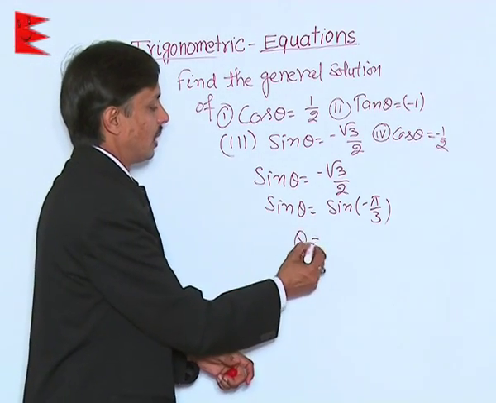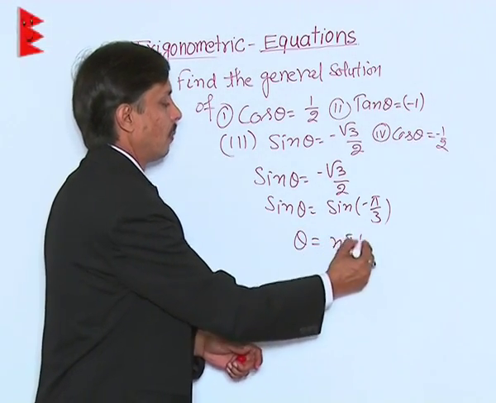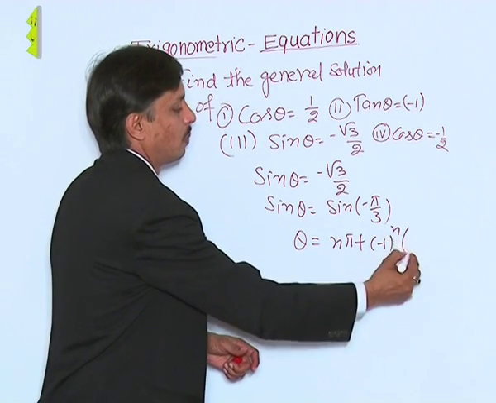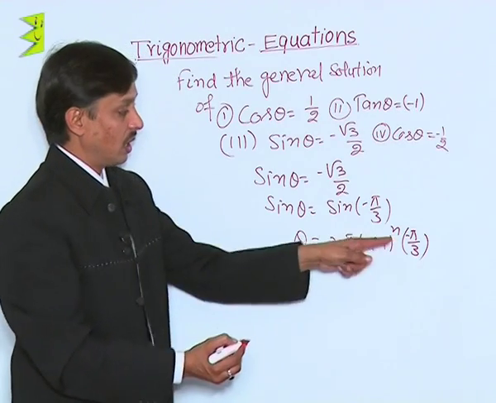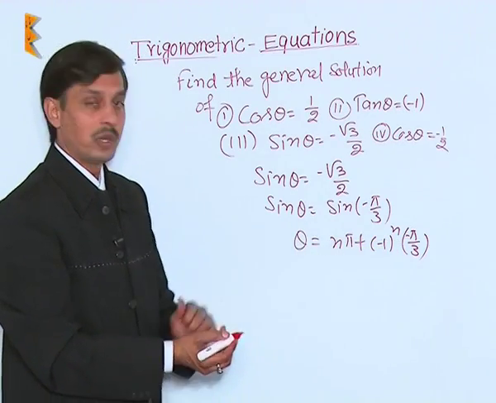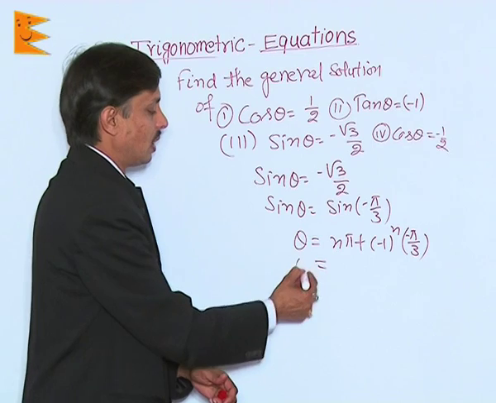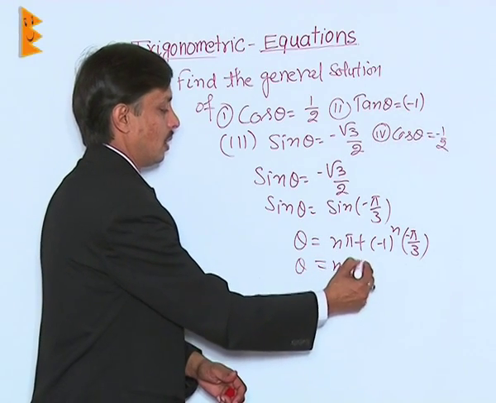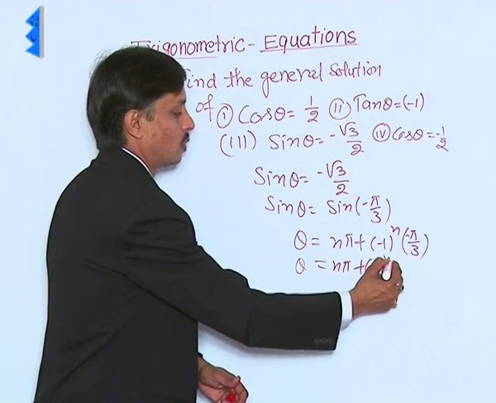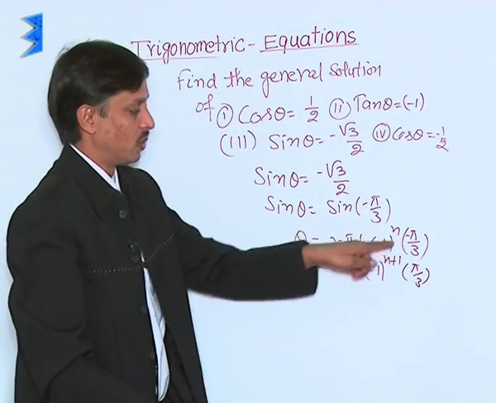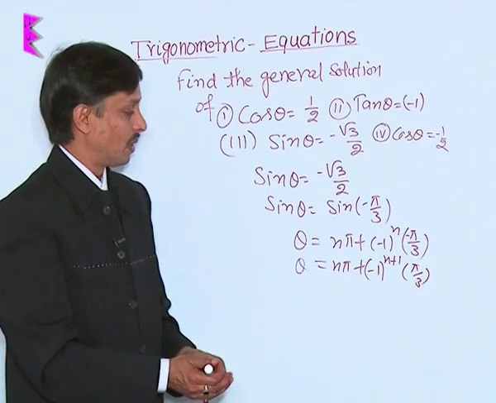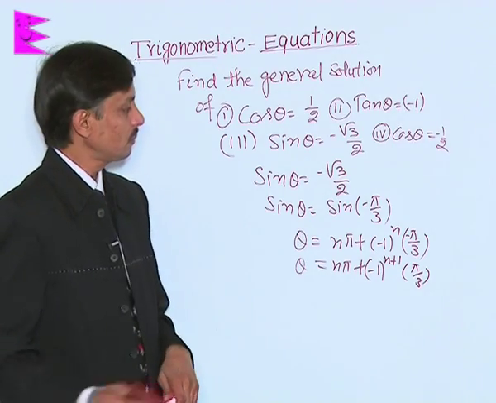So here theta becomes n pi plus minus 1 to the power n, alpha means minus pi by 3. Here this is minus pi by 3, and minus 1 to the power n can be written as n pi plus minus 1 to the power n plus 1 into pi by 3, because this minus 1 is added to the power of minus 1 to the power n.